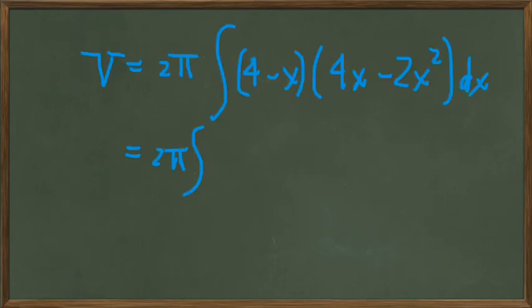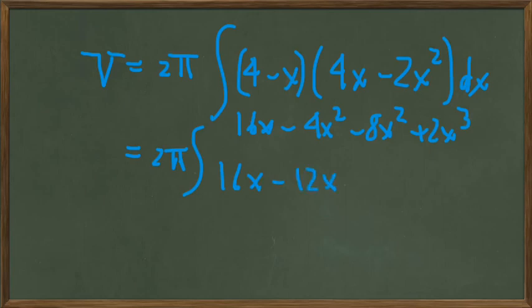Let's collect the terms under the integrand. We've got 16x minus 4x squared minus 8x squared plus 2x cubed, and if we group like terms together, we'll get 16x minus 12x squared plus 2x cubed, and we're integrating that dx.